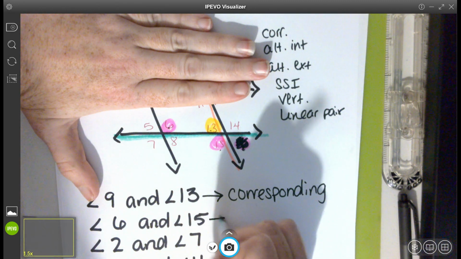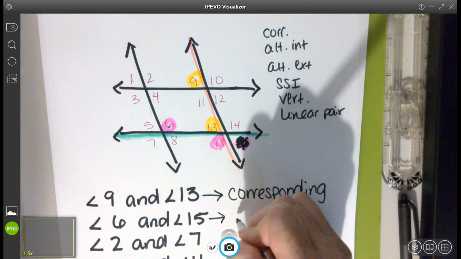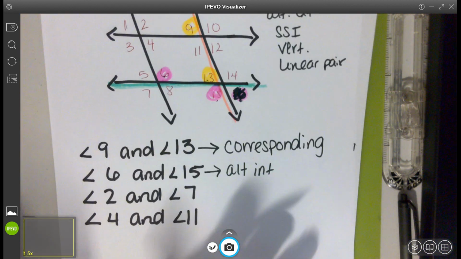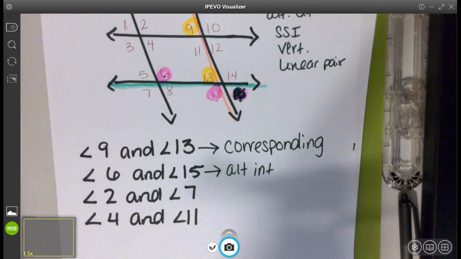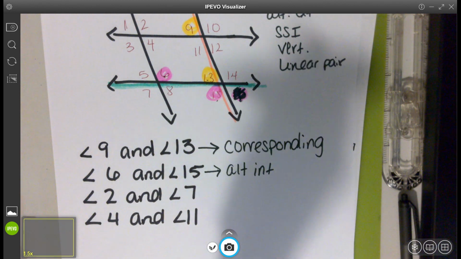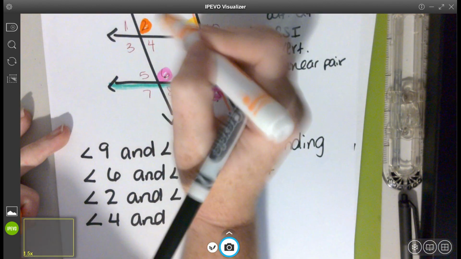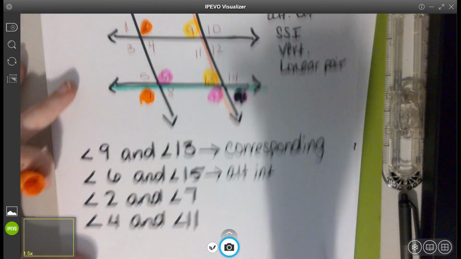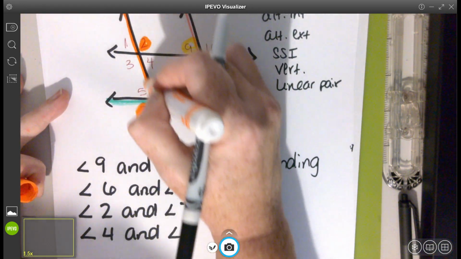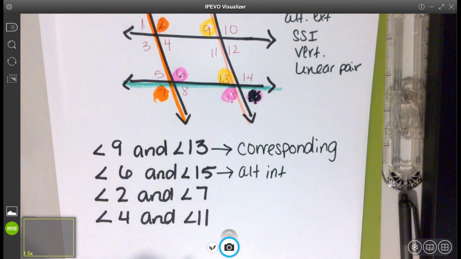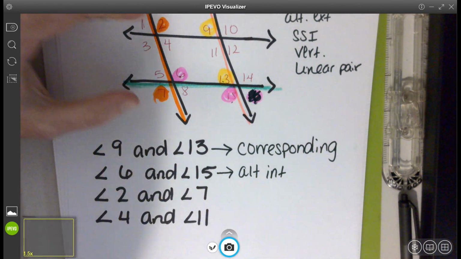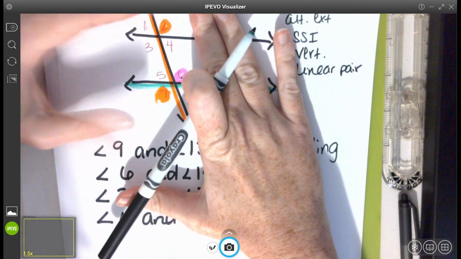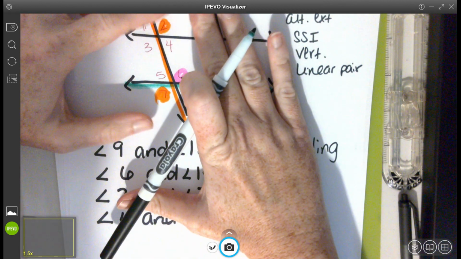So that means that these two angles are alternate interior. All right, 2 and 7. So 2 and 7 are over here. And I'm just going to highlight that line that they're touching. So since 2 and 7 are both on the outer side of the exterior and they're alternating, this would be alternate exterior.